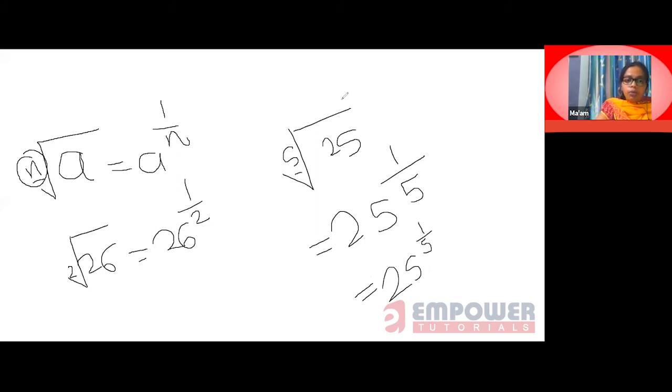Okay, now what if I have something like this, the nth root of a raised to m? Now what I know is, when I have this sign, I will write this number in the denominator. So can I write this as a raised to m, whole raised to 1 upon n?